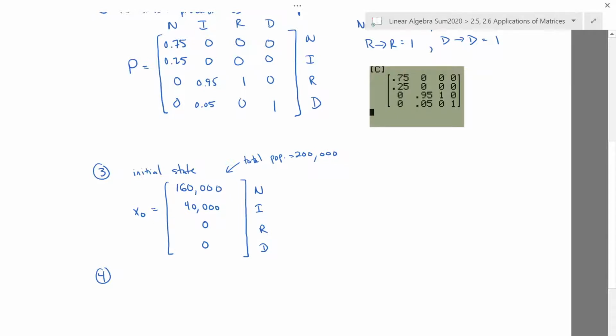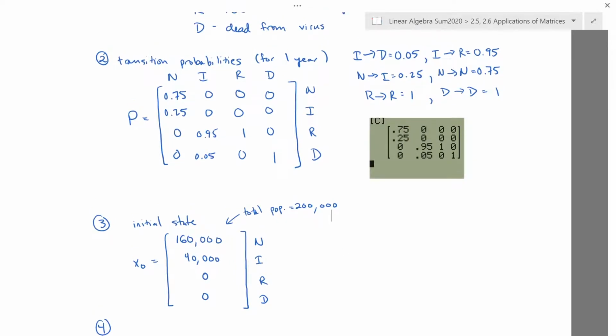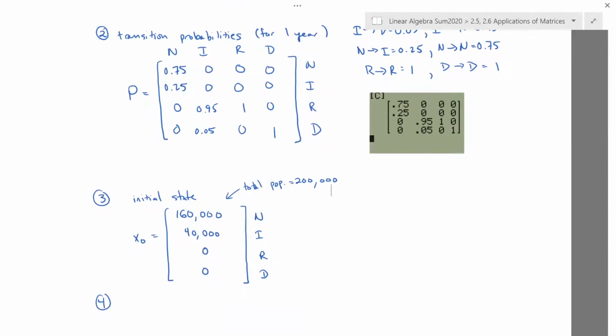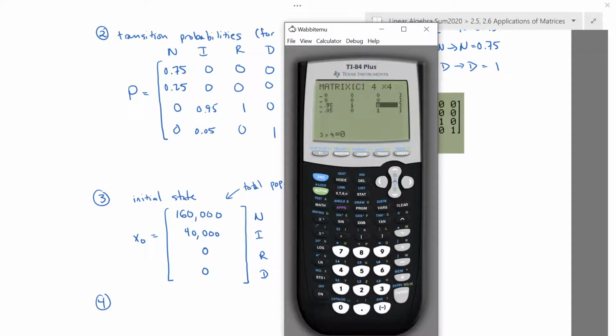So the total population is 200,000 here. Okay, so that's our initial state, and again, I've already entered my matrix here. So that's my initial state vector.